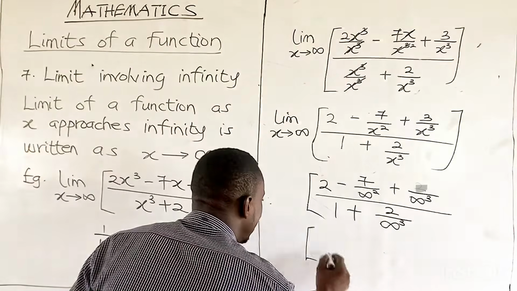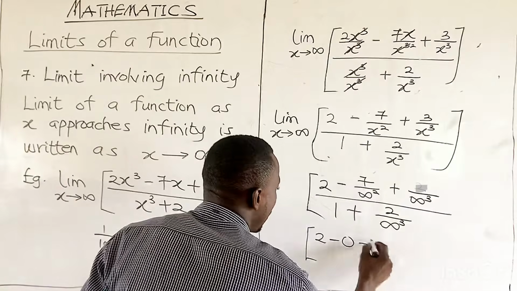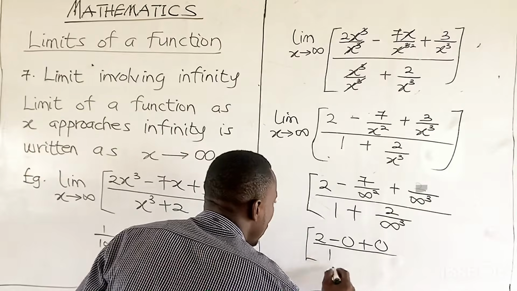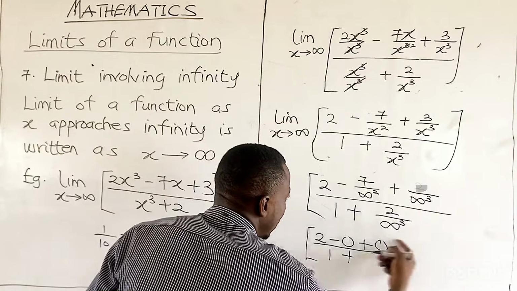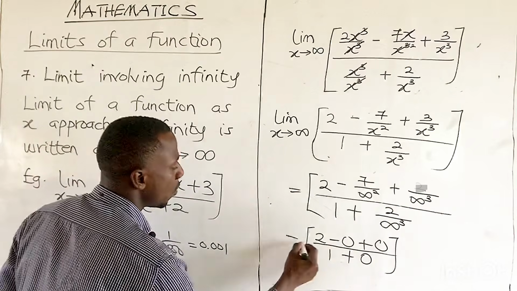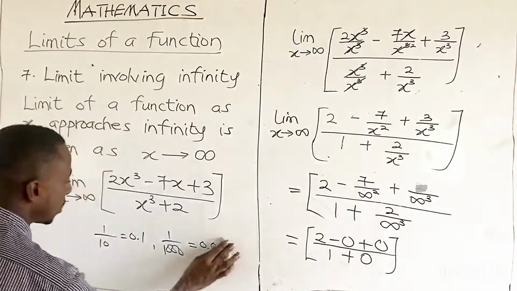So we have 2 minus 0 plus 0 all over 1 plus 0, because dividing by infinity gives a very small number approaching 0.